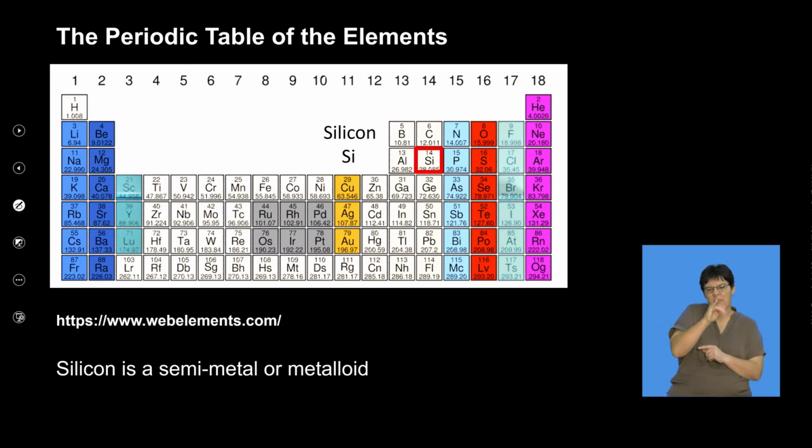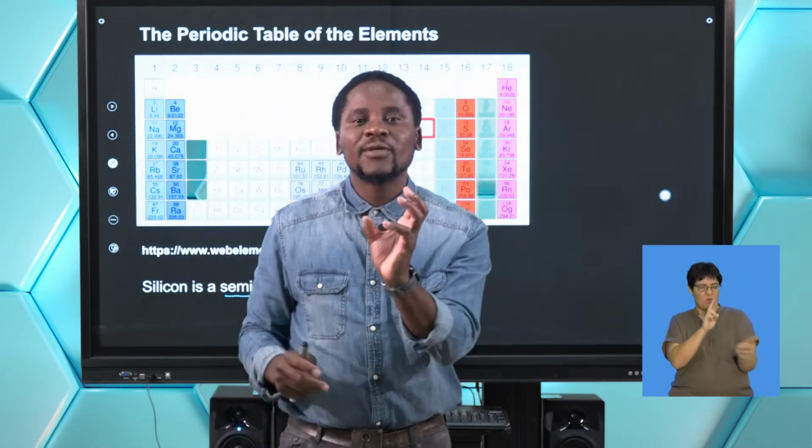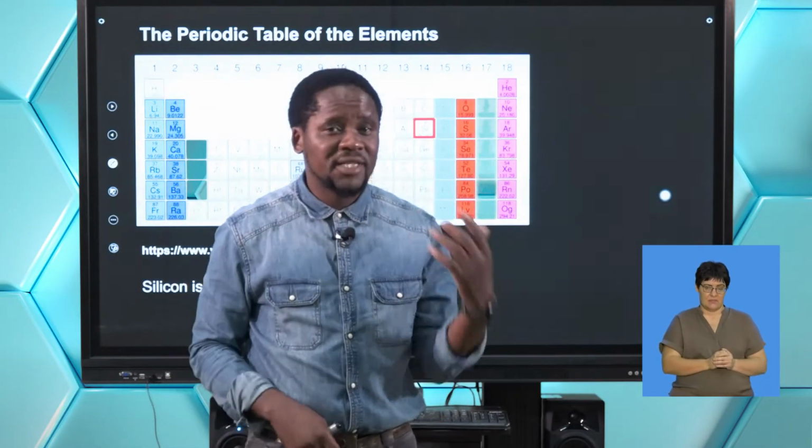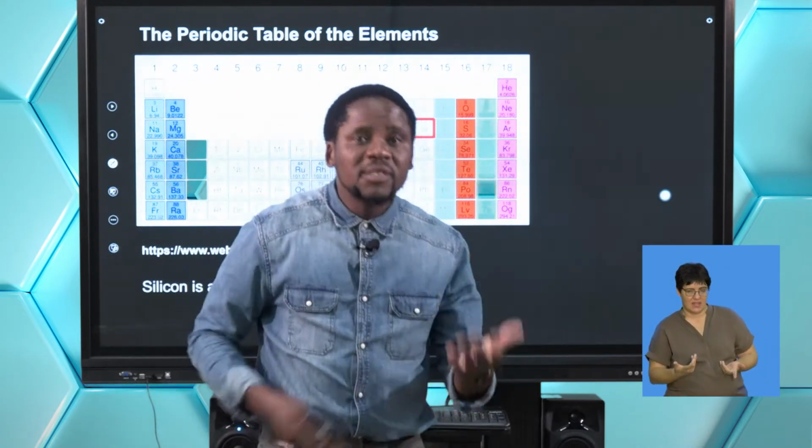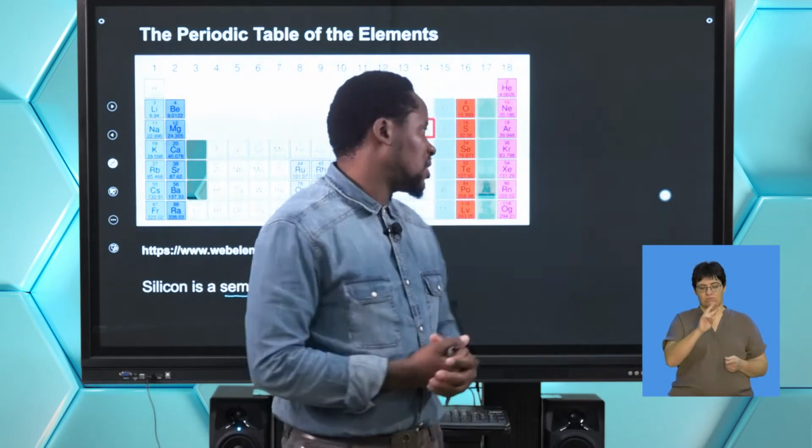The term semi-metal suggests that the material has a combination of metallic and non-metallic properties. The words semi-metal and metalloid are used interchangeably to refer to the same thing. So metalloids are semi-metals, semi-metals are metalloids.